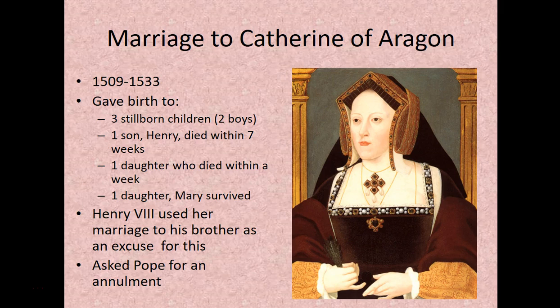So he's Catherine's nephew, and he also happened to have basically put the Pope under house arrest in Rome. So the Holy Roman Emperor Charles V, who is the nephew of Catherine, has the Pope in his pocket. Do you think he's going to let Henry divorce his aunt?